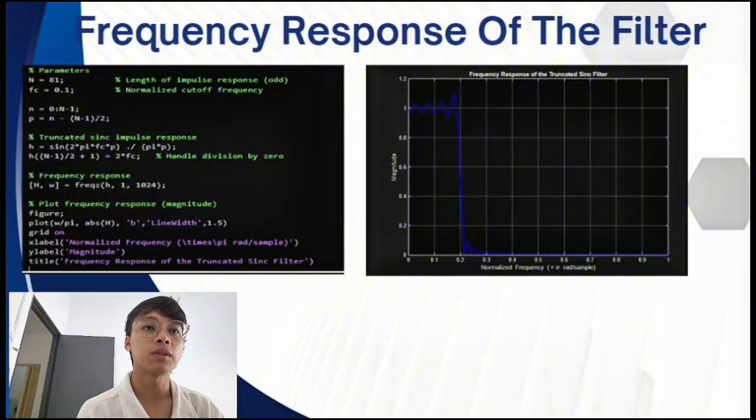Then grid on. Our x label is normalized frequency times pi rad per sample, and y label is magnitude. Our title will be frequency response of the truncated sinc filter. So here is our output. The blue line is the plot of the frequency response.